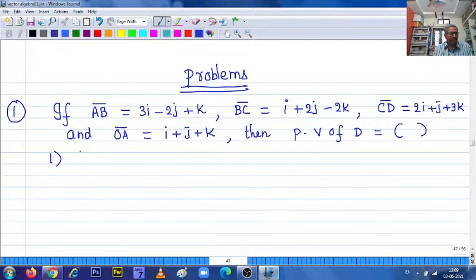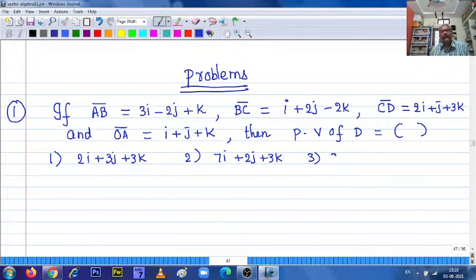First option: 2i plus 3j plus 3k. Second option: 7i plus 2j plus 3k. Third option: 3i plus 2j plus 7k. Fourth option: 3i minus 2j plus 7k. Okay, this is the first question.